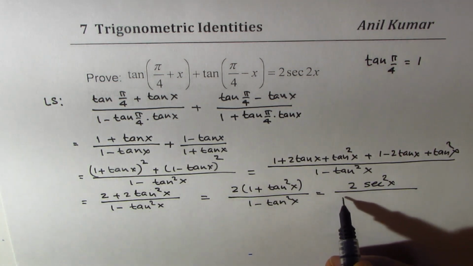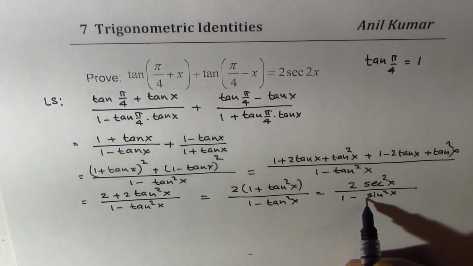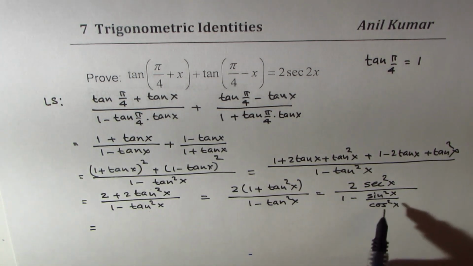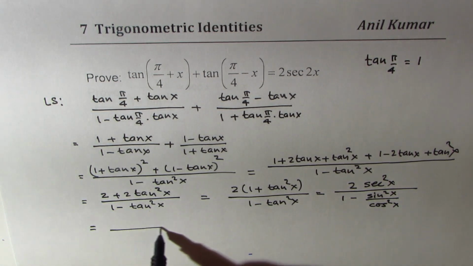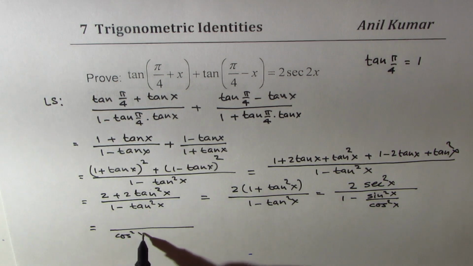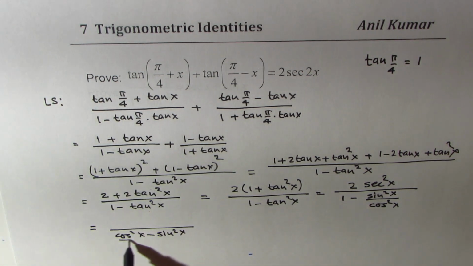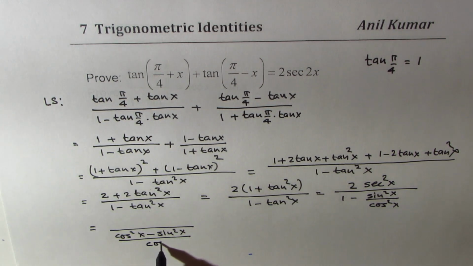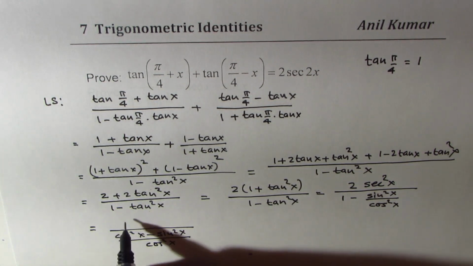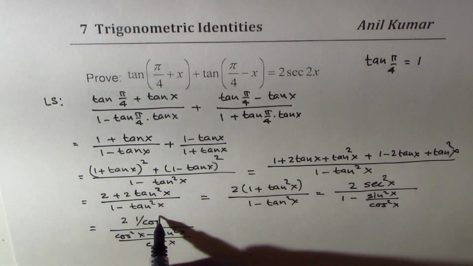So we will write this as 1 minus sine square x over cos square x. So that gives you in the denominator cos square x minus sine square x over cos square x, and here we have 2 times 1 over cos square x.